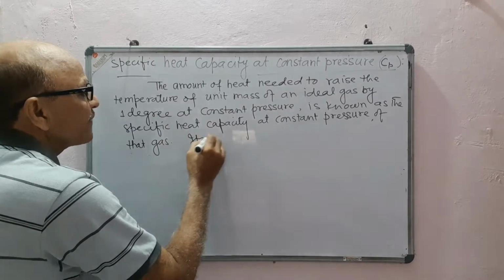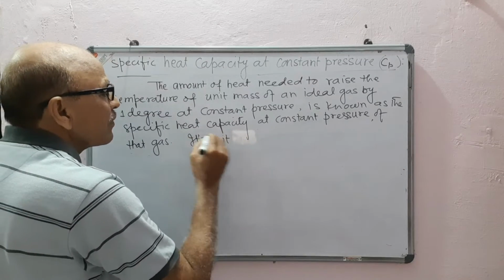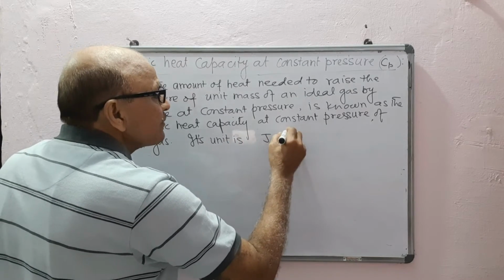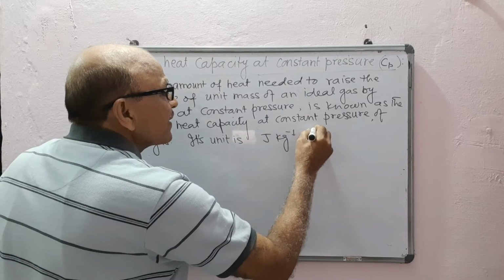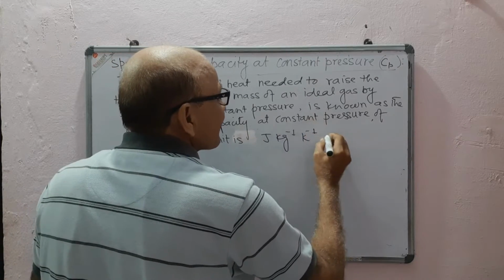Its unit is joule per kg per Kelvin or joule per kg per degree Celsius in SI system.